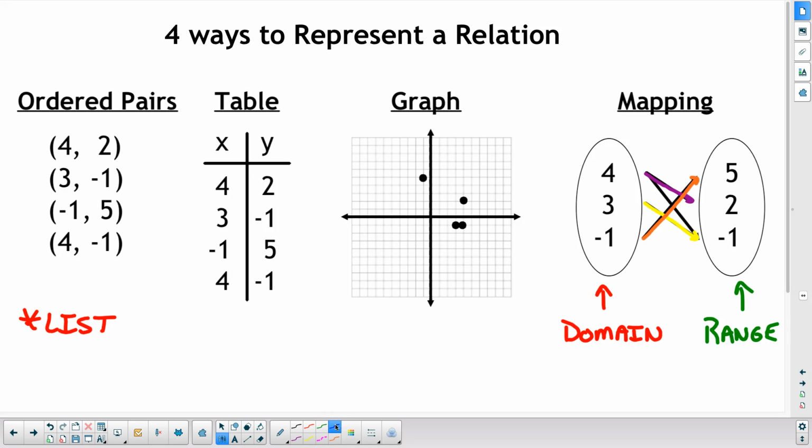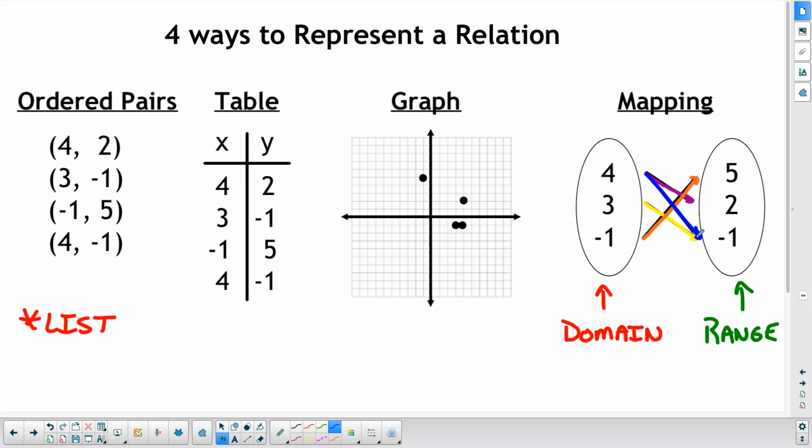And 4, -1 is represented with the blue arrow. Now notice one thing about both the domain and the range in this relation. There are 4 points in this relation. But in the domain, there's only 3 numbers.